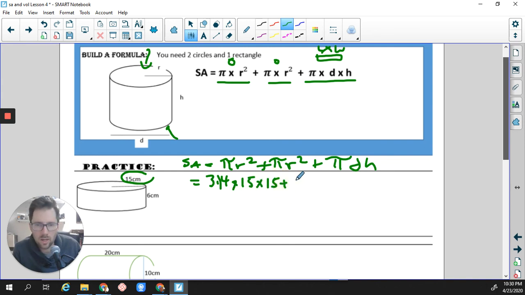Then we've got the same thing, 3.14 times 15 times 15 plus, we can bracket these just for a little simplicity, plus 3.14 times diameter. Oh, we are given the radius.